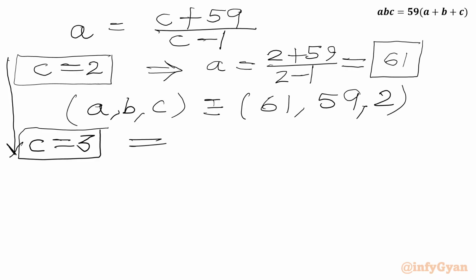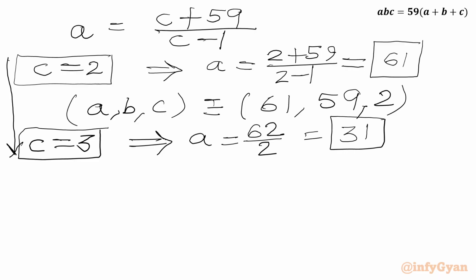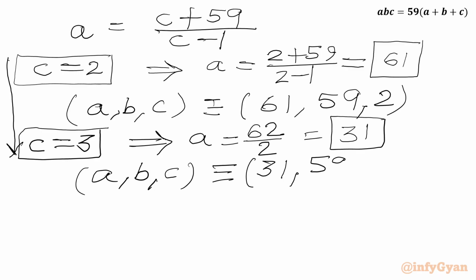So we find the value of A. A will be equal to (3 plus 59), which is 62, over (3 minus 1), which is 2. The value will be 31. Again, this is a prime number. So our second triplet A, B, C is: A is 31, B is 59, C is 3.